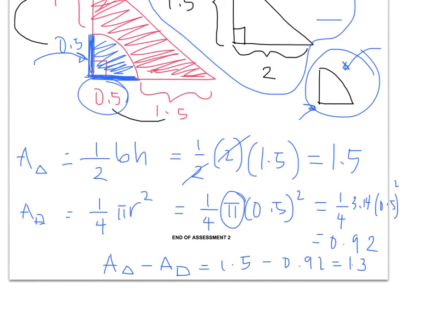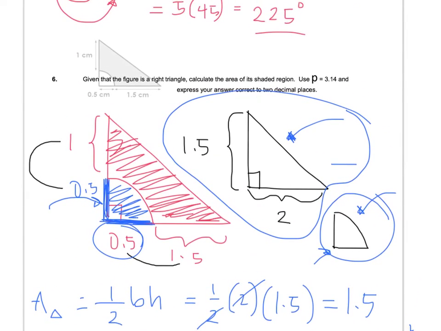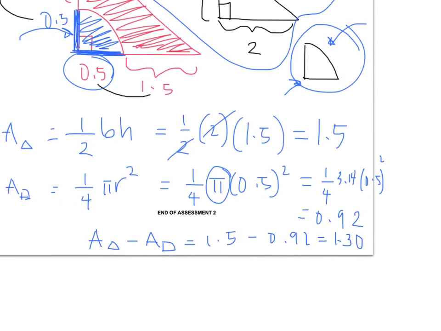What's your answer? 1.3. So it's just 1.30. Okay, so this is an area, so we use cm squared. So that's the end of the assessment number 2.